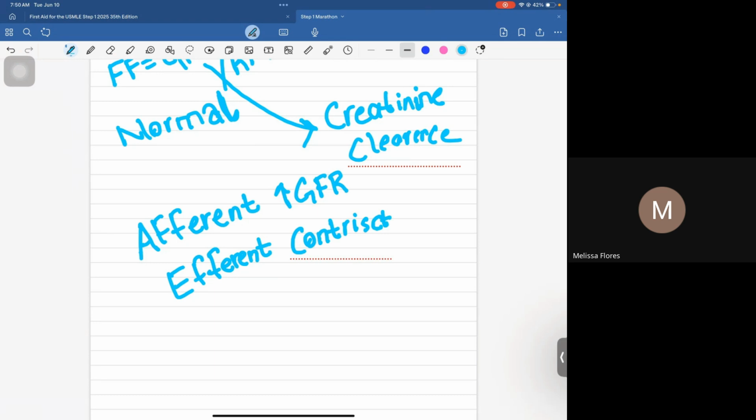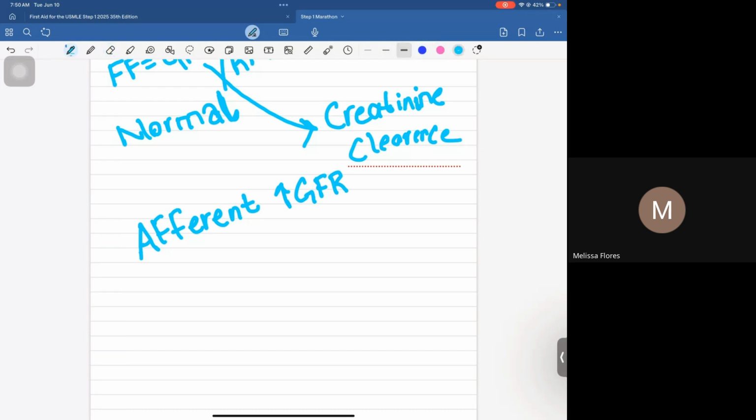We'll go into the detail of the efferent arteriole later, because that is complex. It has a dual mechanism. So first of all, if you dilate the afferent arteriole, the GFR is going to increase. This is important.